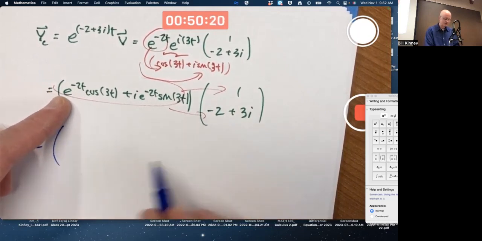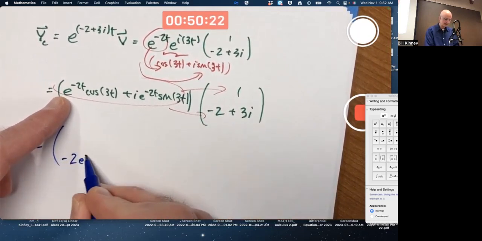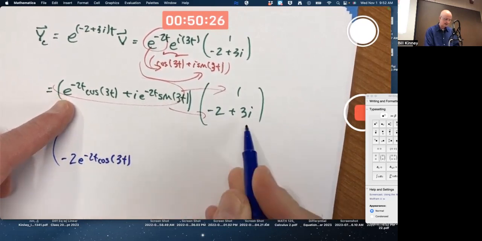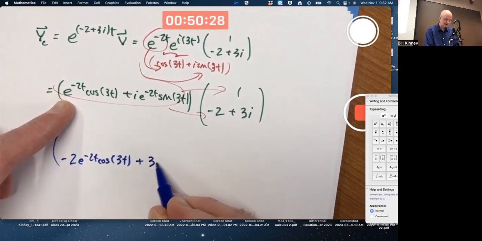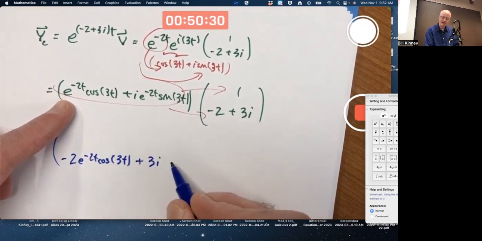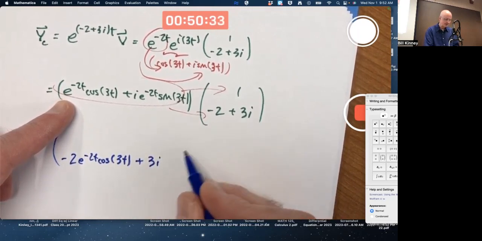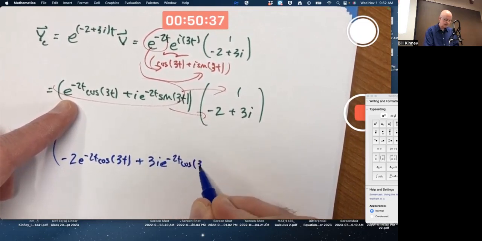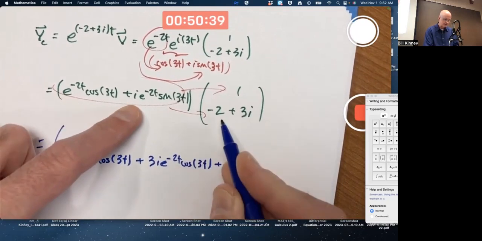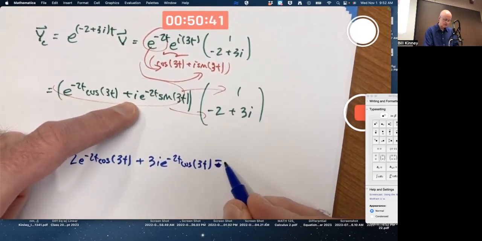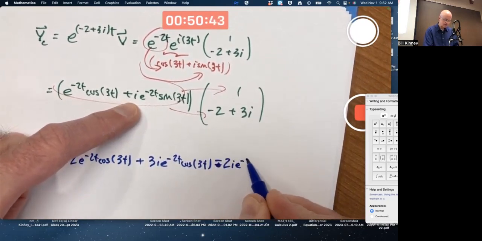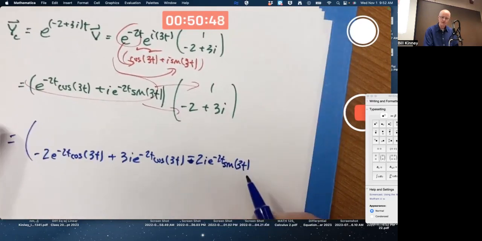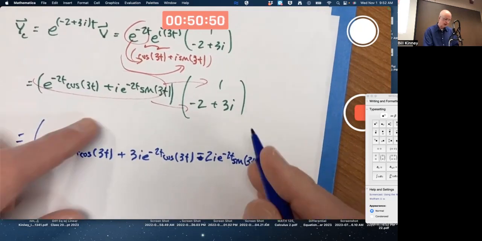First times firsts. Outside times outside. And yes, keep the i in there. You only get rid of the i at the end. 3i times this thing. Plus inside times inside is going to be a minus 2i e to the negative 2t sin 3t. I should have written smaller, running out of room. Last times last.